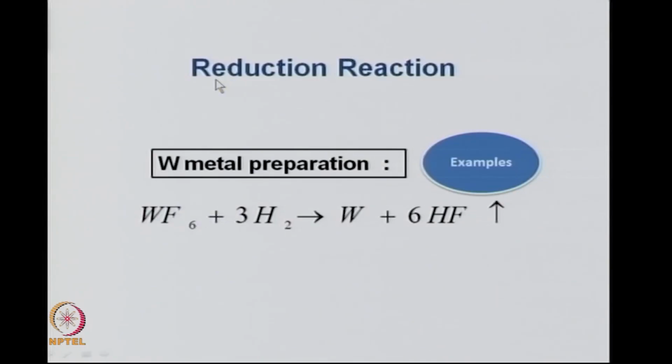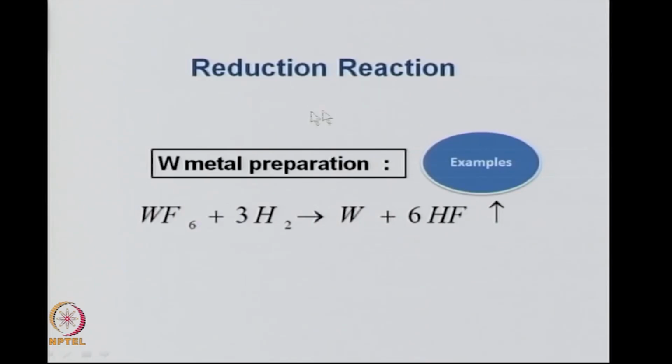Then, an example of a CVD where a reduction reaction is taking place can be seen in the case of tungsten metal preparation. W is the symbol for tungsten, and you start from a gaseous species, tungsten hexafluoride, WF6.